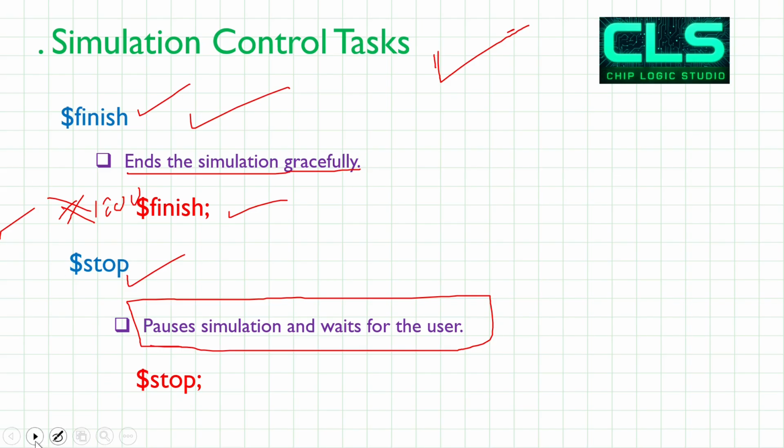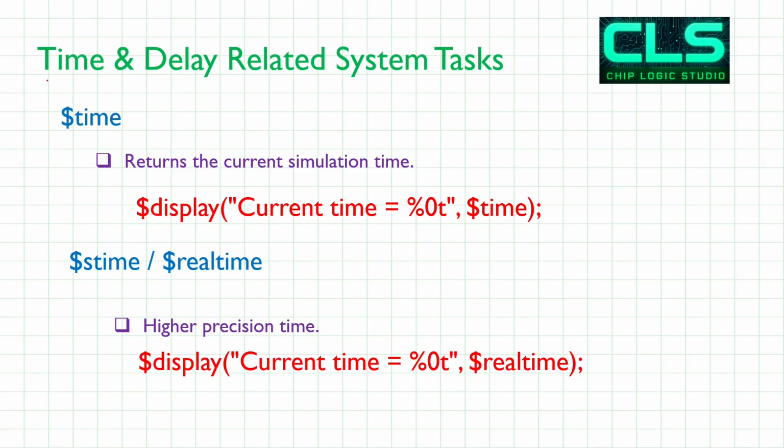Okay, now time. What if you want to print the time at which your statement is printing? For example, if you have to print this statement at the current time, you will just add $time here, and here you will get the number at what time it is printing.